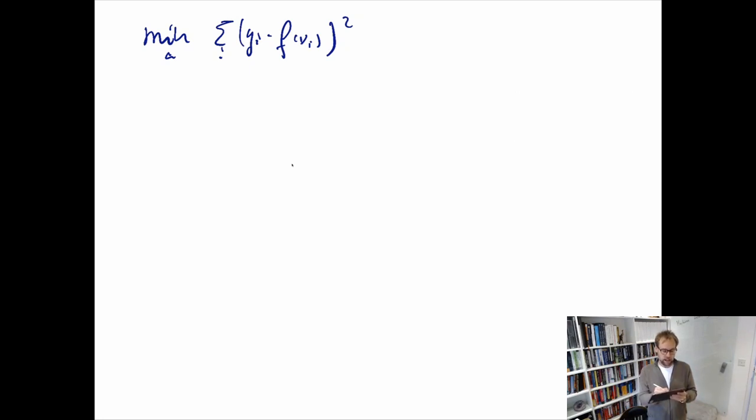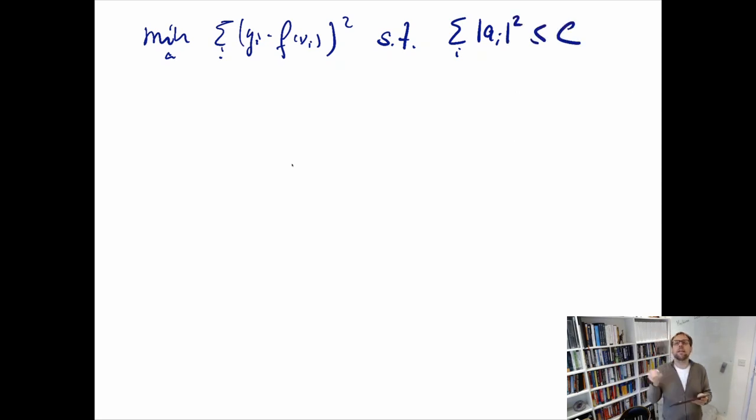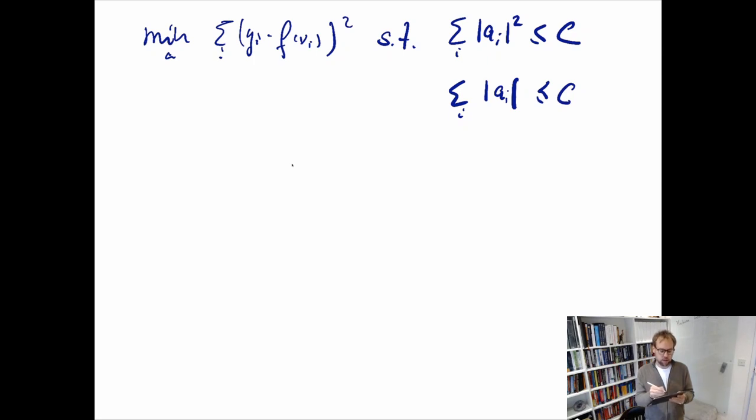So we had the option: subject to the sum over the ai squares is less or equal to C. I added the absolute value, but absolute value squared and absolute value is the same thing, so don't worry about that. And the sum over the ai absolute value is less or equal than C. So those are the two options, it's subject to this or subject to that, so one or the other. This one here is ridge regression, and this one here is Lasso.